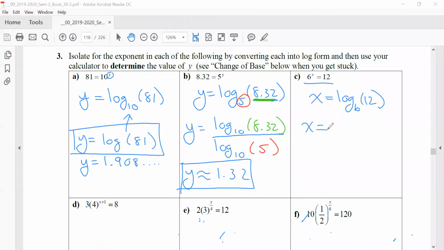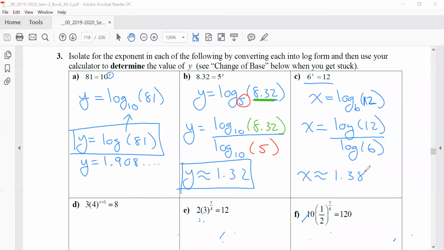But if for some reason the question says, what is that equal to the nearest 10th or 100th, I'm going to do change of base. So again, notice what was in the argument right there goes to the numerator, and the base goes to the argument of the denominator. And I can stick that in my calculator, and that's going to be about 1.38.